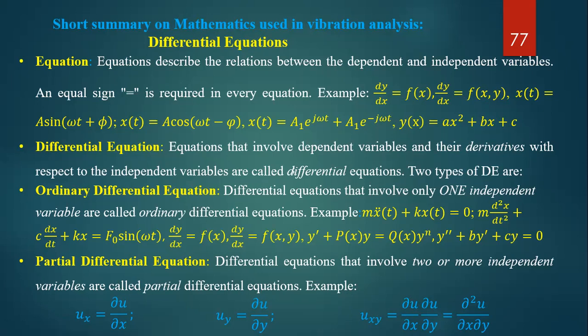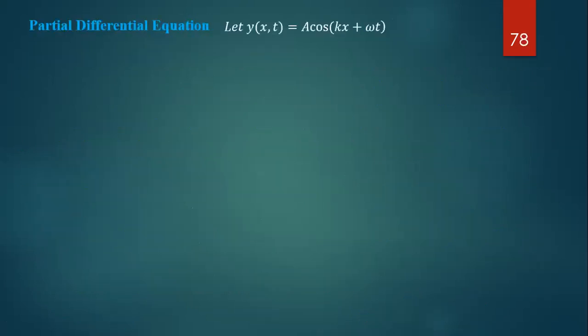Many types of representations are there. We can see, for example, let y(x,t) equal a cos(kx + ωt). Let this be an equation.